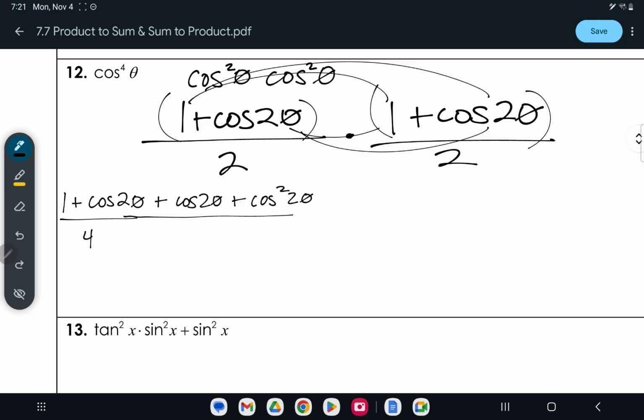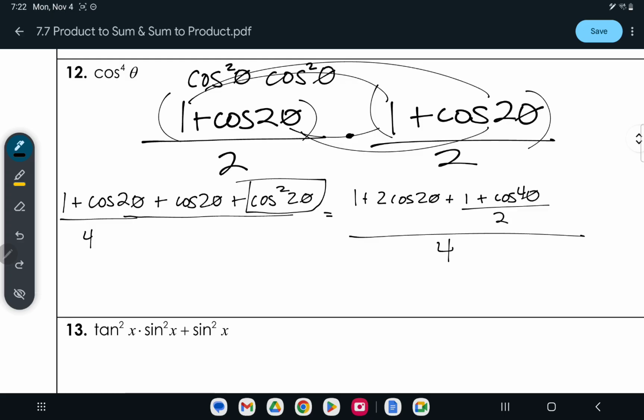Okay, I can simplify further. 1 plus 2 cosine 2 theta. And looky here, I can rewrite that as 1 plus cosine of 4 theta over 2, and then we're still over 4.